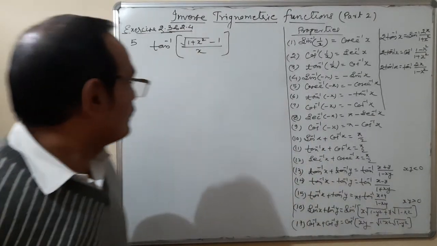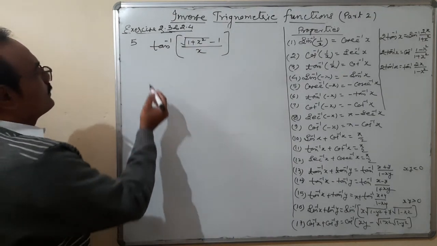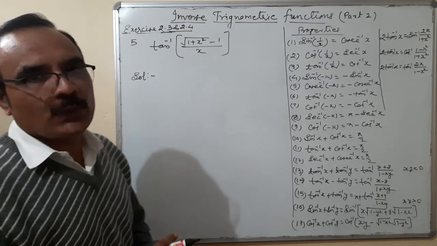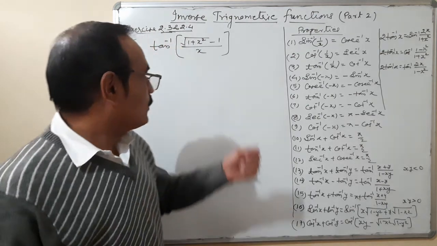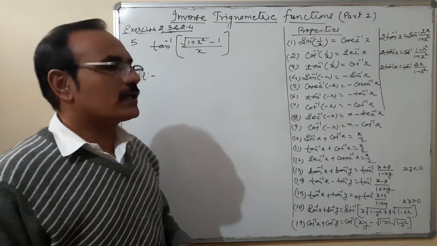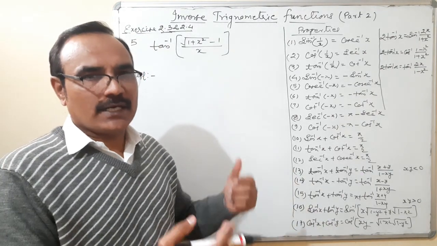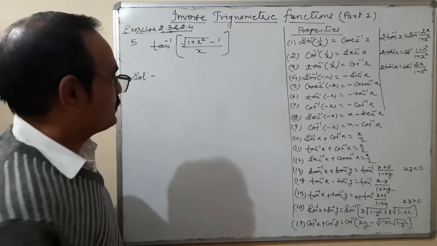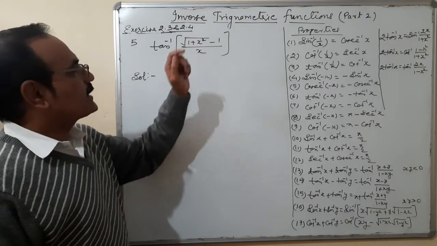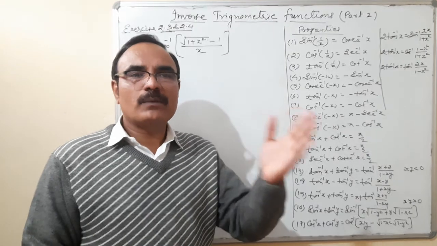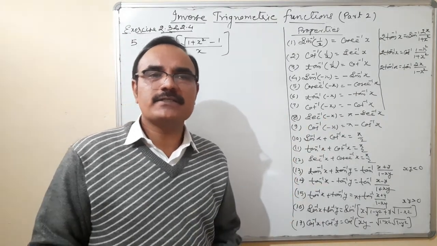Converting into simplest form, that means 1 plus x square. Now we'll have to consider which value of x will be substituted here so that it becomes an identity or the term will be reduced. So 1 plus x square is here. In place of x, if I put here tan theta, 1 plus tan square theta, you know that identity is sec square theta.